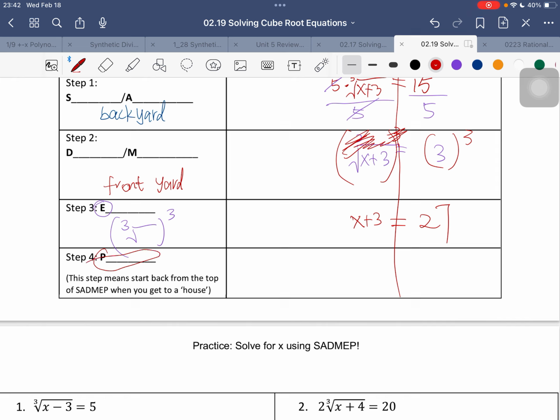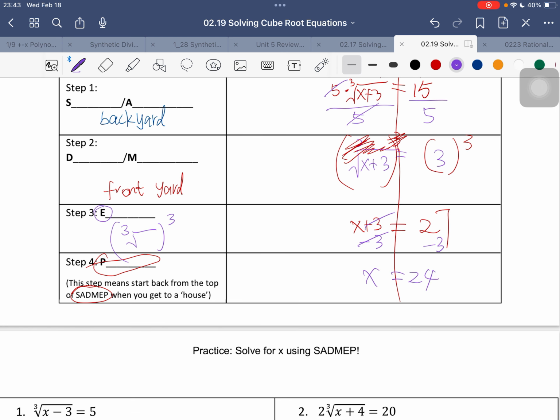Then SAMDEP again, do PEMDAS reverse again. I want to leave the x by itself. How do I leave it by itself? I need to remove the positive 3. So subtract 3 on both sides. x equals 27 minus 3, which is 24. That's the answer.